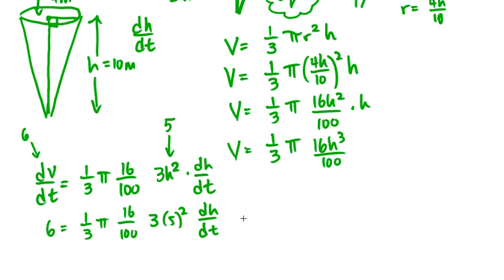I can manipulate this equation so that I get my change in height, and I get a change in height of about 0.48, and the units are meters per minute.